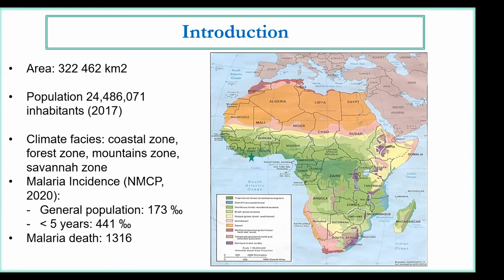In Côte d'Ivoire, malaria incidence is more than 150 per 1,000 in the general population, and the malaria death cases is around 1,300. This data is provided by the NMCP in the report of 2020. Next slide.